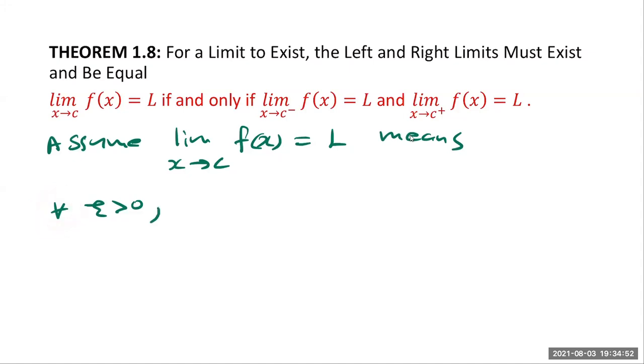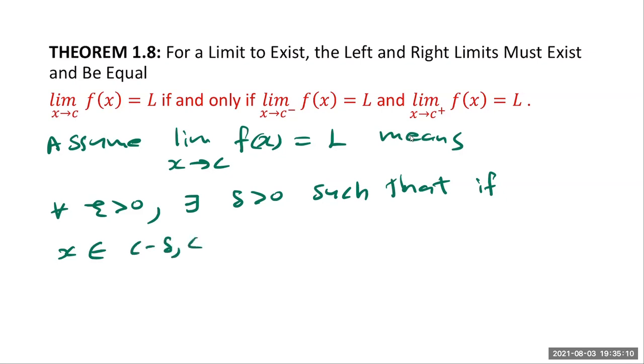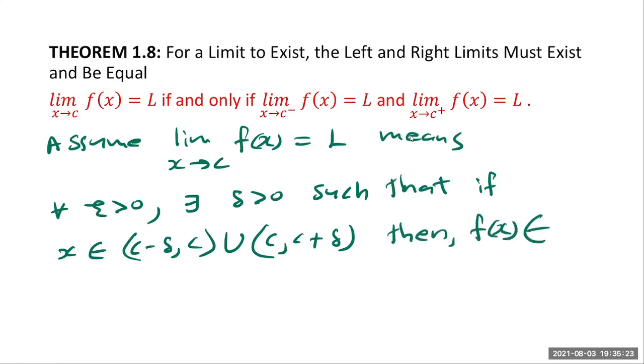For all epsilon greater than 0, there exists delta greater than 0 such that if x is in c minus delta comma c union c comma c plus delta, then my f of x should be in L minus epsilon, L plus epsilon. That's the definition, right?